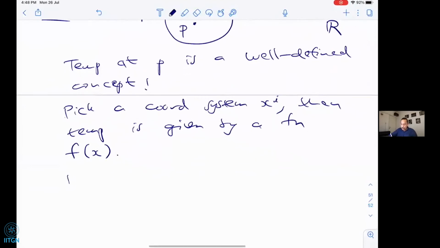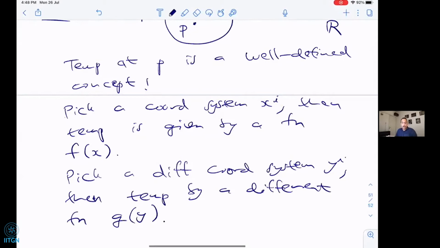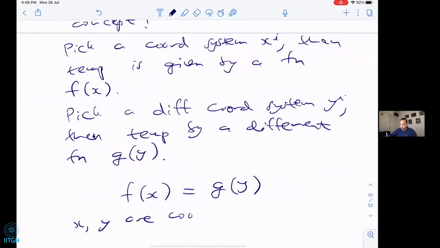If I pick a different coordinate system y, then temperature is given by a different function, g of y. But the property that these two functions have is that f of x must be equal to g of y, where x and y are coordinates of the same point P in different systems.